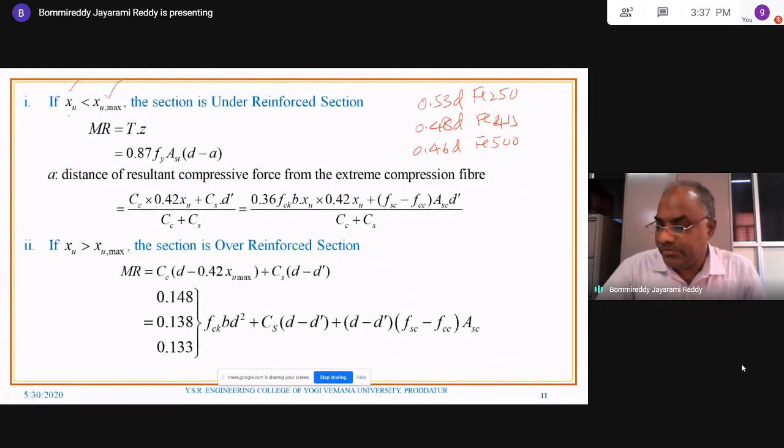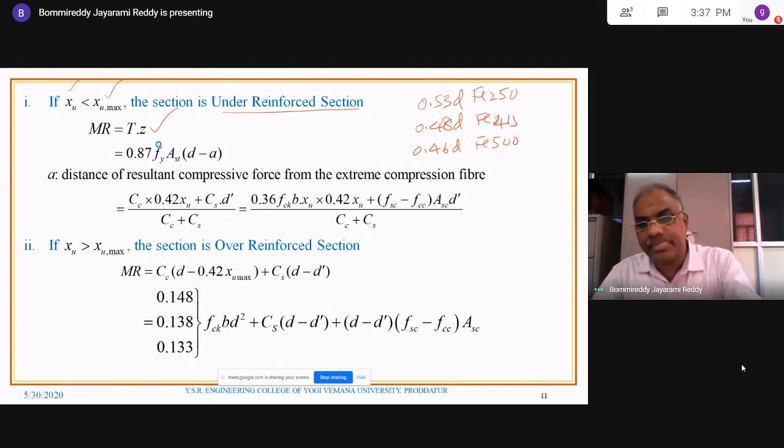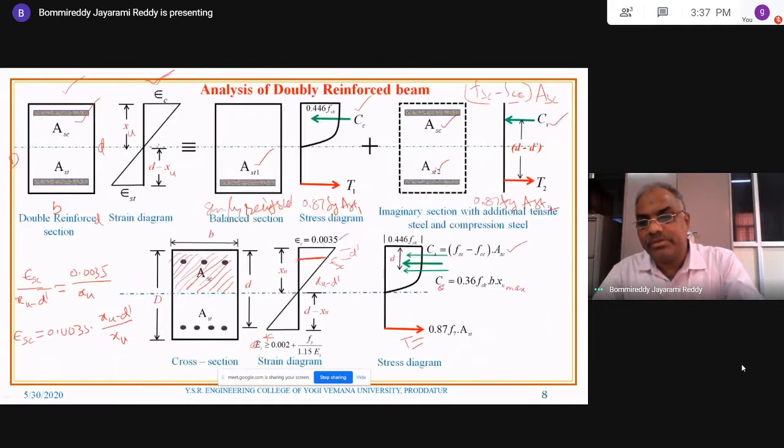Then if XU is less than XU maximum, the type of section is under reinforced. Whenever it is under reinforced, the moment is governed by T into Z, that is 0.87 FY AST into Z. Because here T into Z, what is Z? Lever arm. In this case, what is the lever arm?